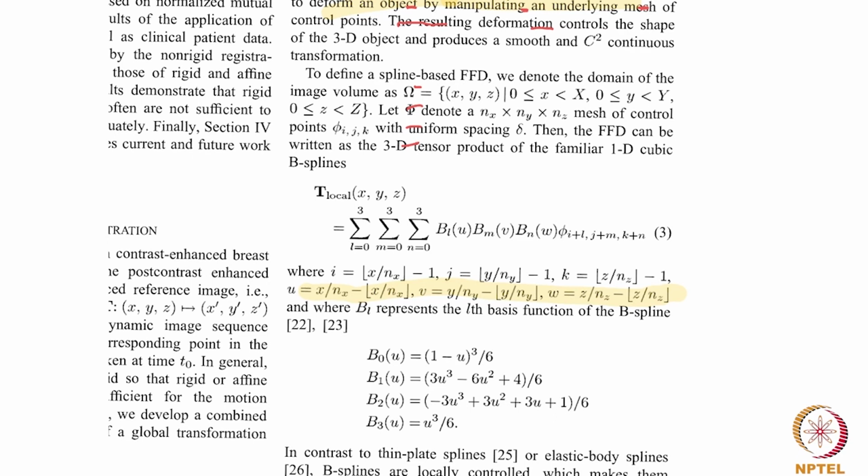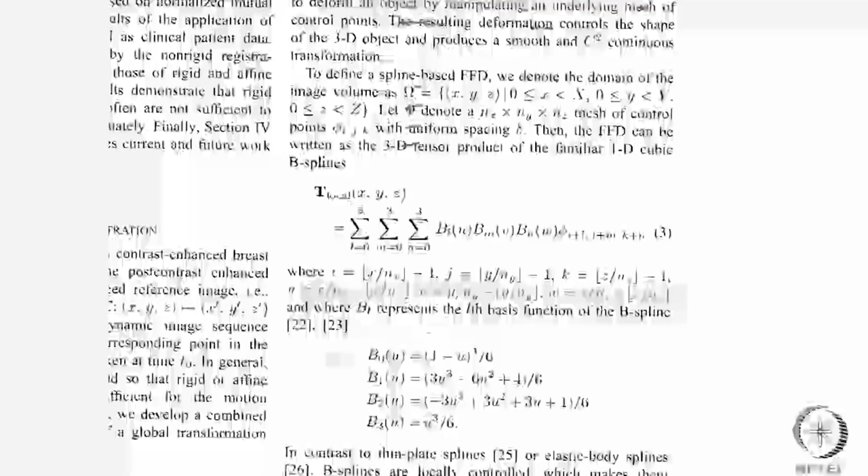Those control point estimates will be used to weight the value of the deformation at different locations, and of course you need the cubic B-splines to actually do the weighting. So that's the overall idea as far as using the cubic B-splines is concerned.